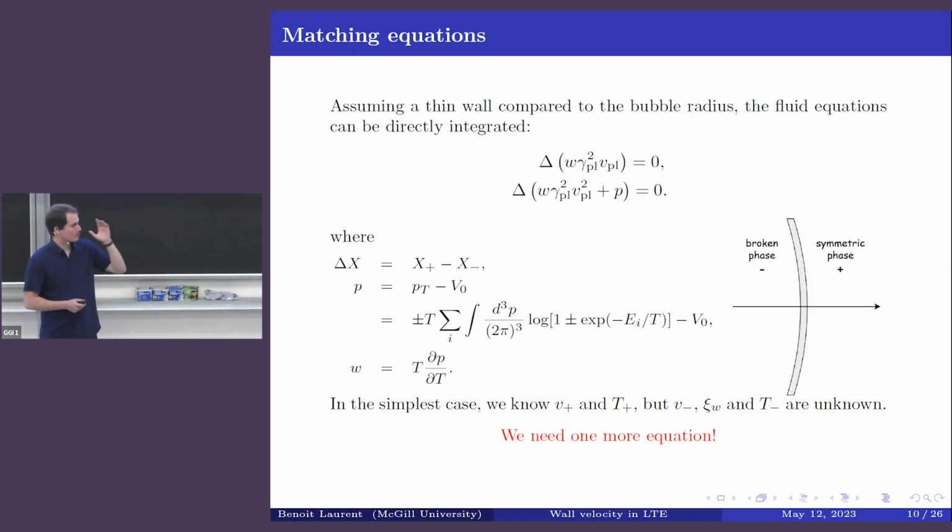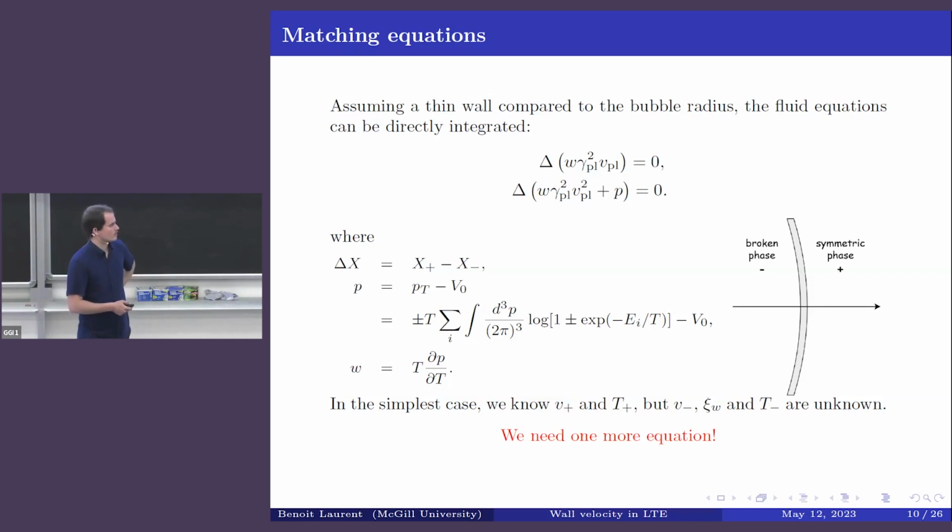So basically we have two equations here that depend on the temperature and plasma velocity on both sides of the wall, plus the wall velocity. So this is 5 parameters. In addition, we also have two boundary conditions.